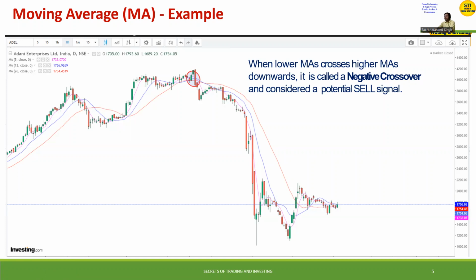This is a very recent example where the Adani stock started falling from more than 4,000, and it went down to around 1,000. So it is a reversal of about 300 times. Either somebody who was already long could have sold their stock here and exited the position, or somebody who likes short selling could have shorted here and purchased again here.